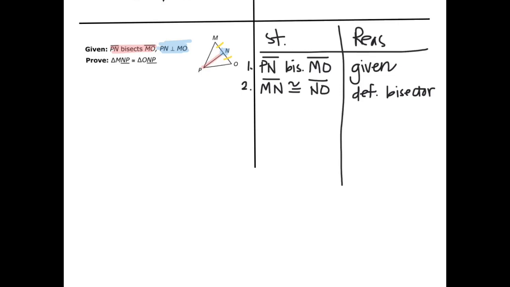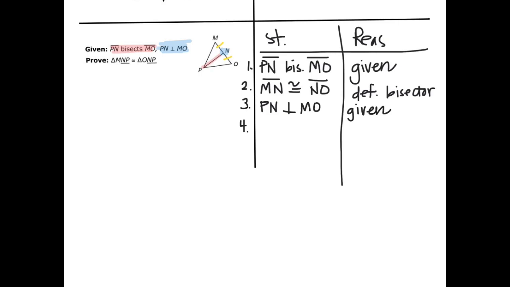And we know that we have two 90-degree angles, but we have to work our way there. We actually don't have to get into 90 degrees, because nowhere here do we have to get into measurements. We're only dealing with congruence. So we want to establish that PN is perpendicular to MO. That was a given piece. And then we want to establish that because of that perpendicular setup, there are now two right angles that we want to name.